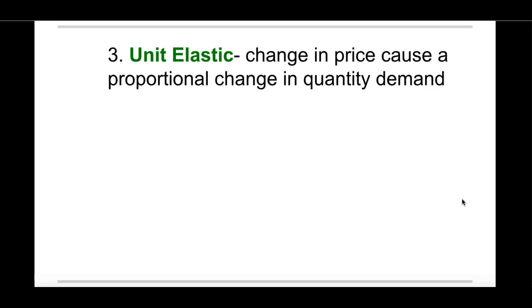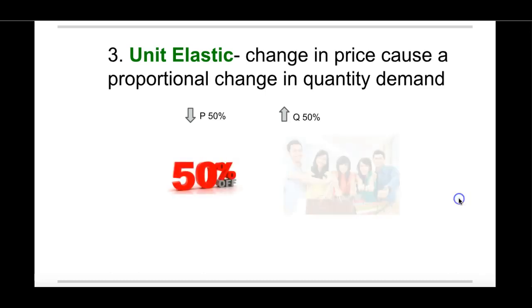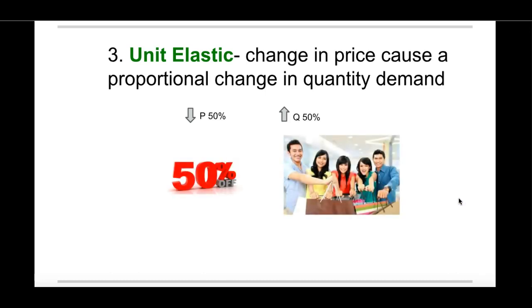Inelastic, they're going to buy it no matter what. Unit elastic is smack dab in the middle. So if the price goes down by 50%, quantity demand is going to go up by exactly 50%. Can you imagine a 50% off sale and there's exactly 50% more customers in the store? That never happens.